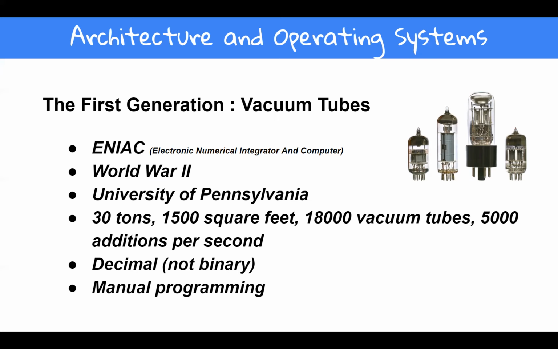The project was a response to US needs during the Second World War. The Army's Ballistic Research Lab, an agency responsible for developing range and trajectory tables for the new weapons, was having difficulty supplying these tables accurately and within a reasonable time frame.